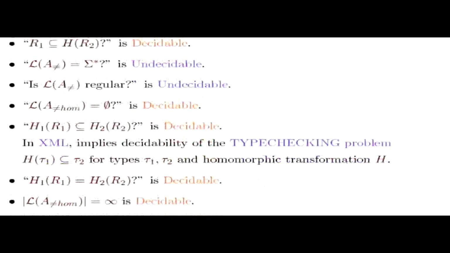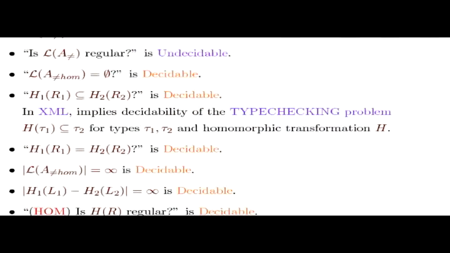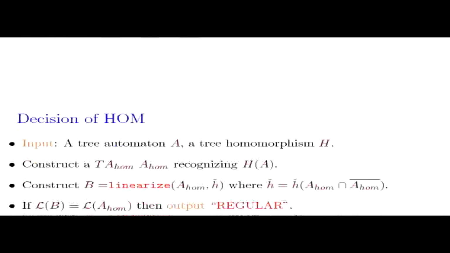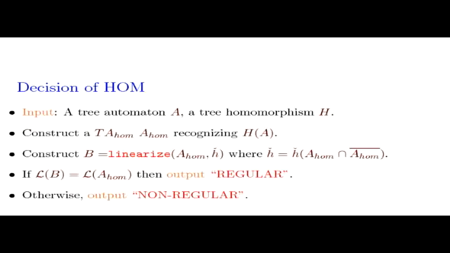Our main result, the decidability of Hom, has also consequences in the context of XML. It solves the question of whether the image of a given type through a homomorphic transformation is also a type. The decision algorithm for Hom has a simple description. Given a tree automaton and a tree homomorphism as input, we first compute a tree automaton with Hom constraints describing the image.